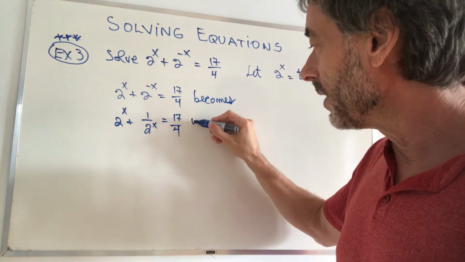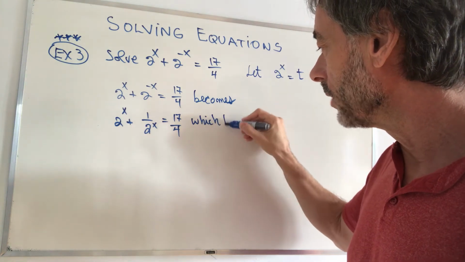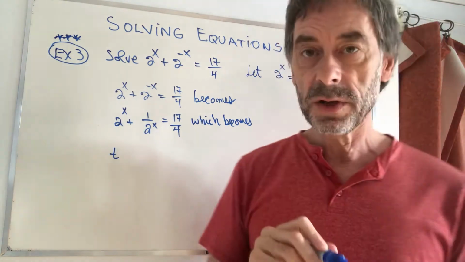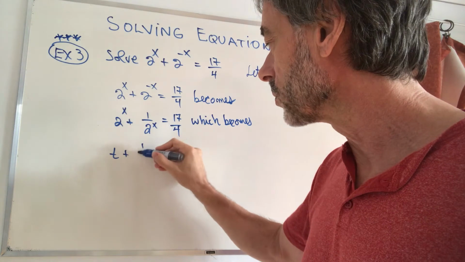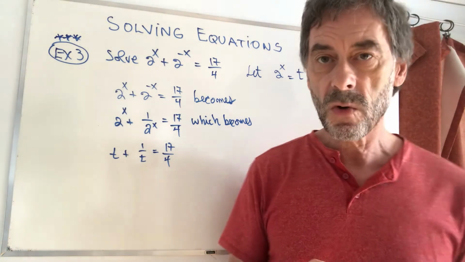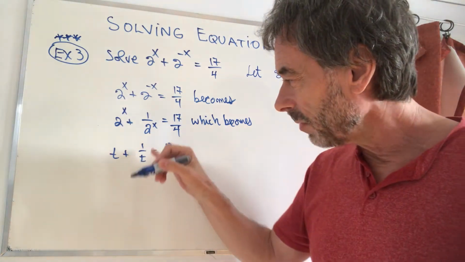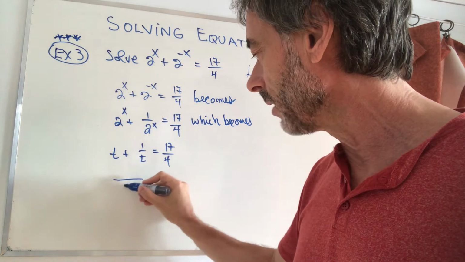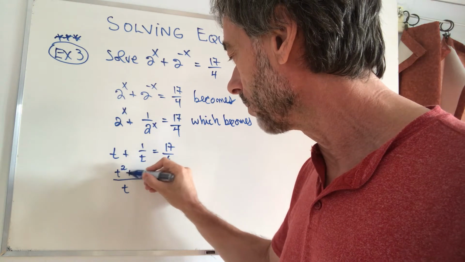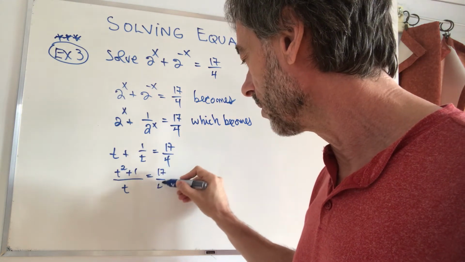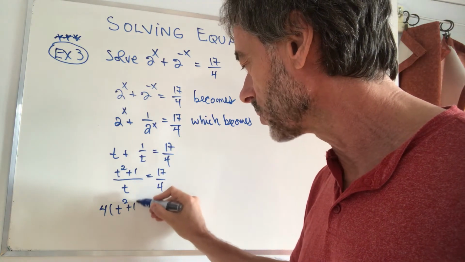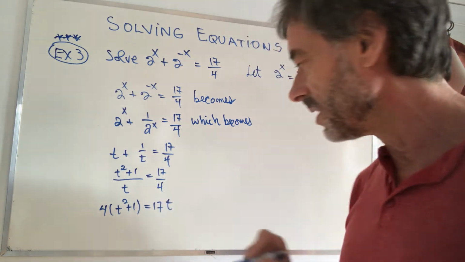Which becomes in turn t plus 1 over t equals 17 over 4. Kind of a rational equation here because I have a ratio, so I'll take a common denominator, t, on the left side. And I'll cross multiply, so t squared plus 1 over t is 17 over 4. I'll do another cross multiplication, so 4 times t squared plus 1 is equal to 17t.